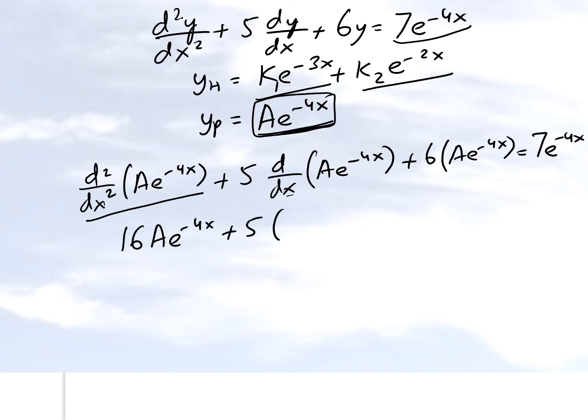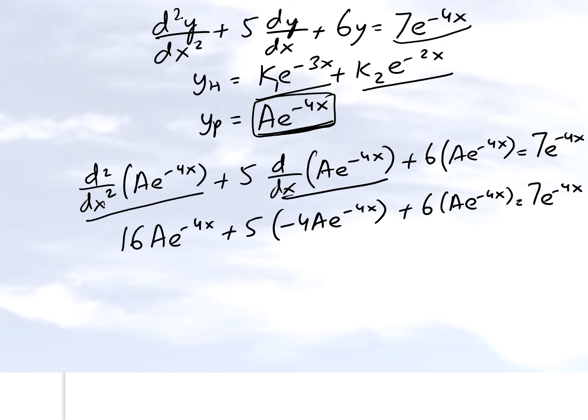The first derivative of this is minus 4a e to the power minus 4x. If we simplify the left side, we get 16 minus 20 plus 6, which gives us 2a e to the power minus 4x equal to 7 e to the power minus 4x. And that tells us that a is 3.5.